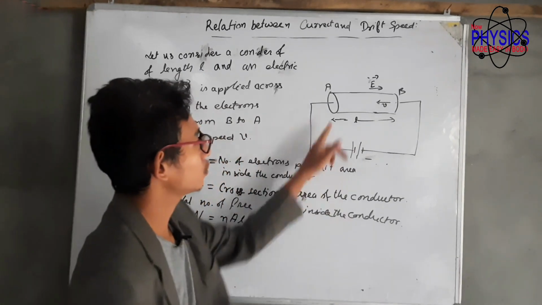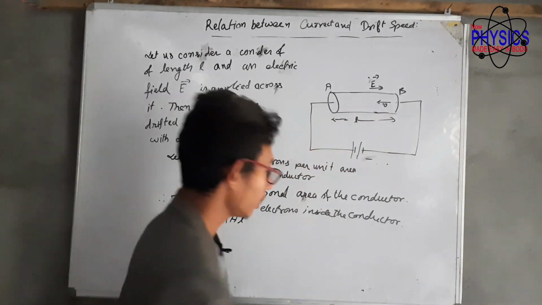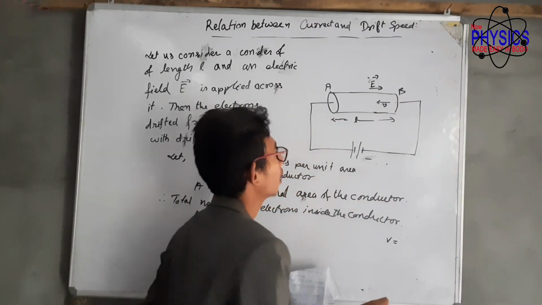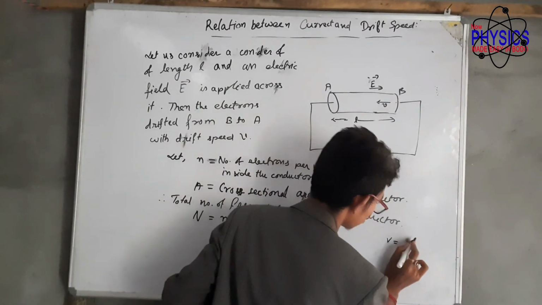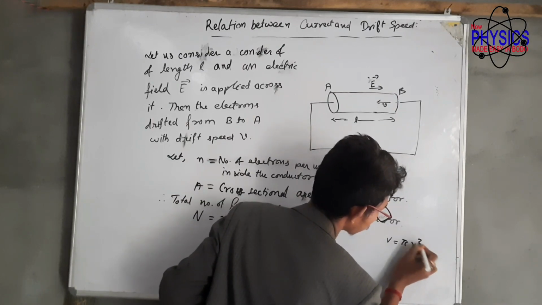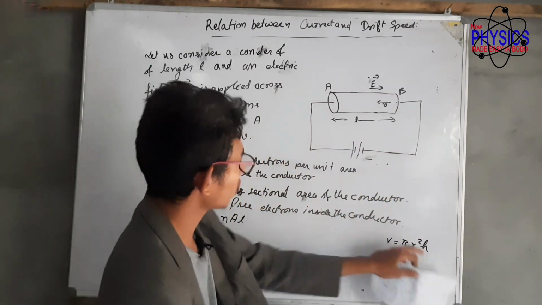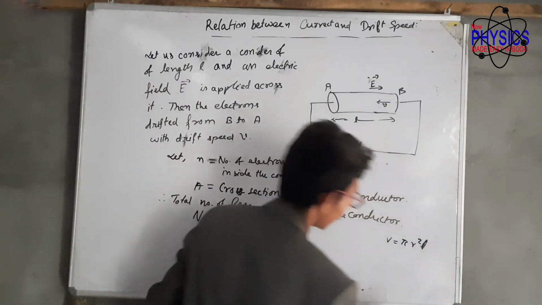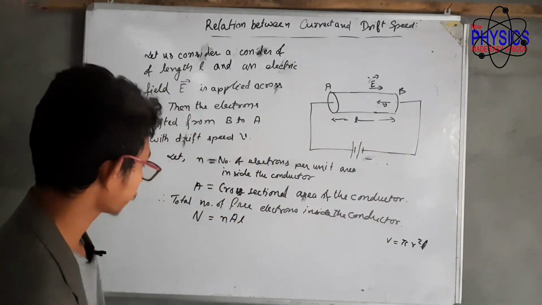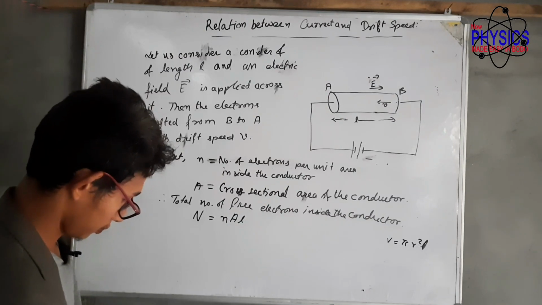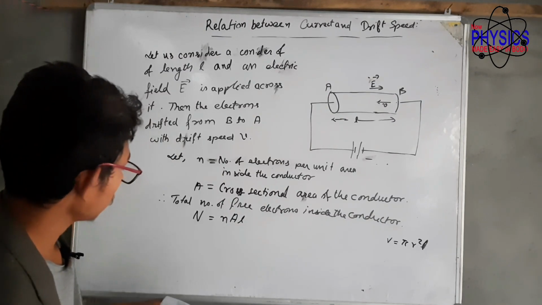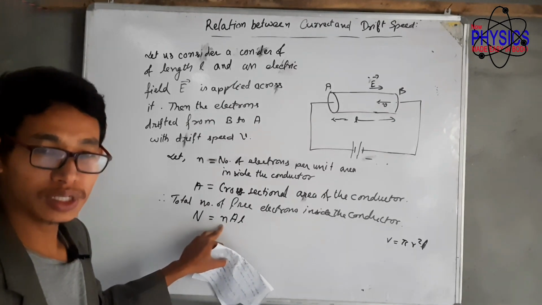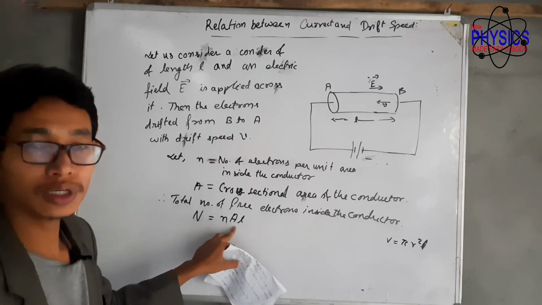Instead of h we are taking L. So it will be pi r square L, so it is nAL. This is for the total volume.